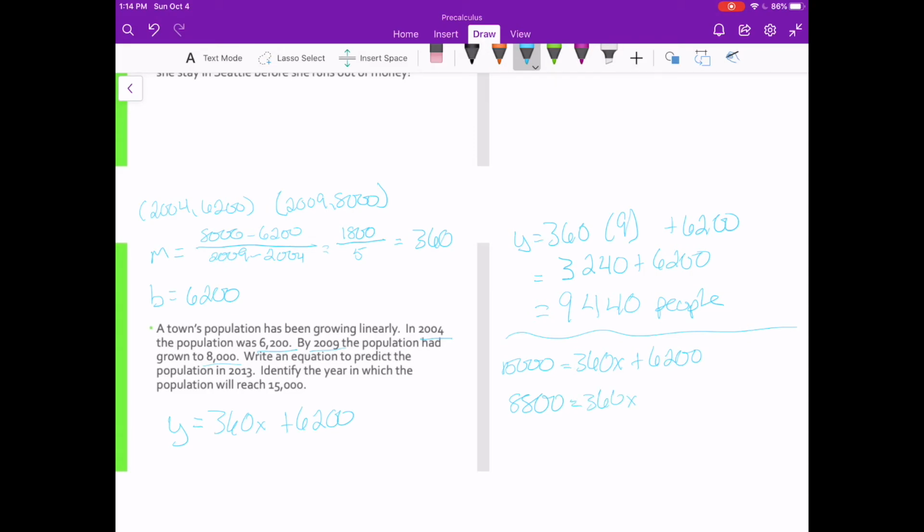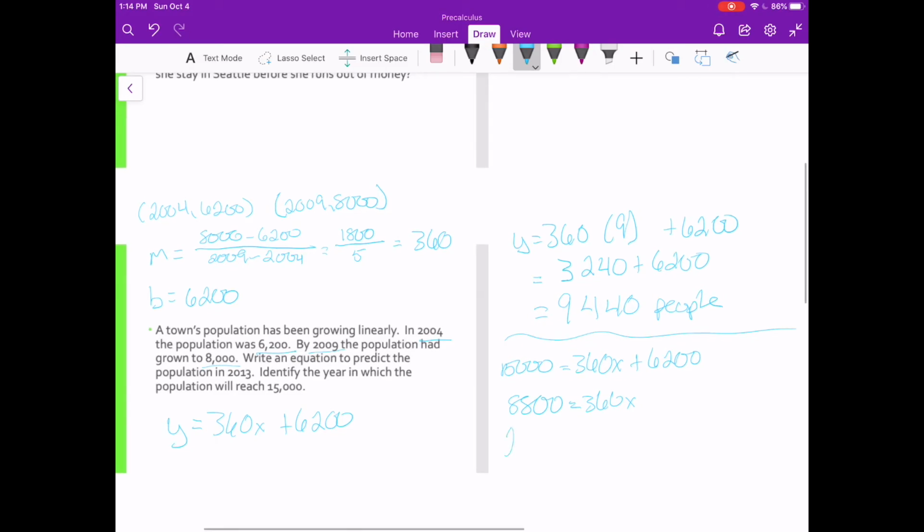And then divide by 360 to get 24.4, repeating, equals x. So we have to take 2004 plus that 24.444 years. So it looks like the population is going to reach 15,000 in about 2028.